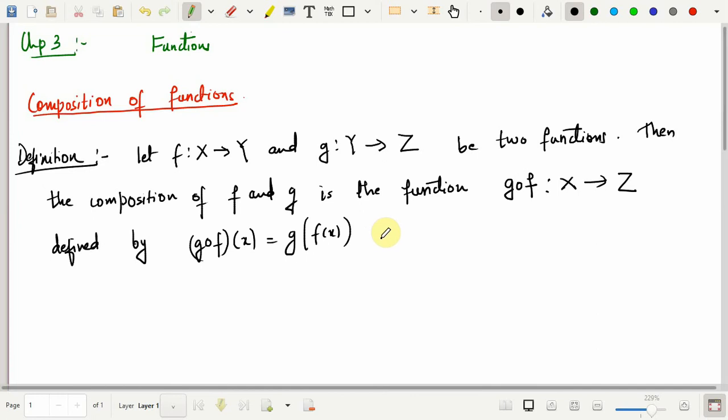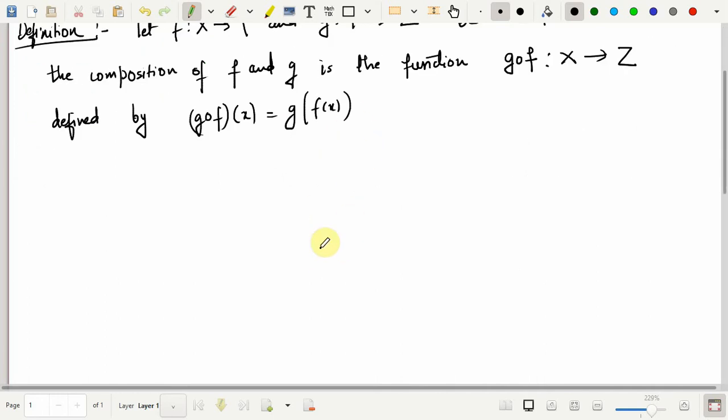Now in this case this g of f of x is very well defined. Each x is coming from X, so that's why f of x is defined, and f of x lies in the range of f, so definitely it's a subset of Y, and therefore this f of x lies in the domain of g, and therefore this makes sense.